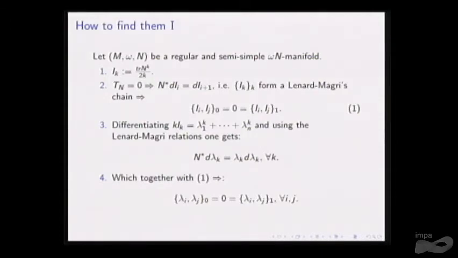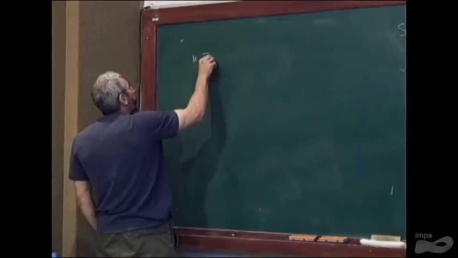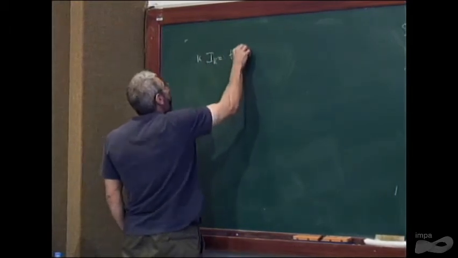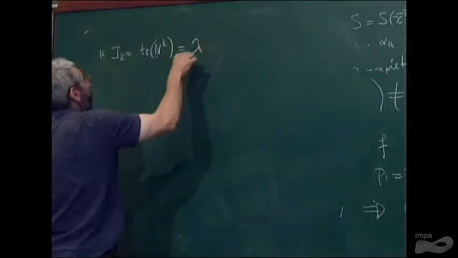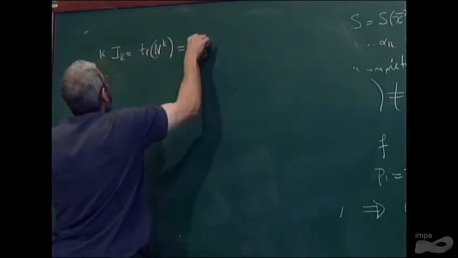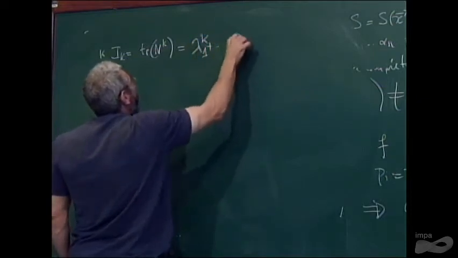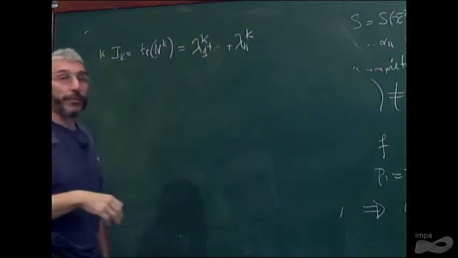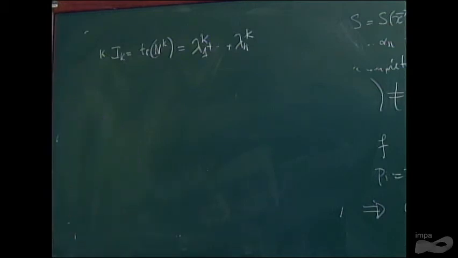After that, if you consider this relation here, we know that I_k is equal to the trace of N to the k, that under our assumption of regularity and non-degeneracy is the same as the sum of the eigenvalues to the power k.